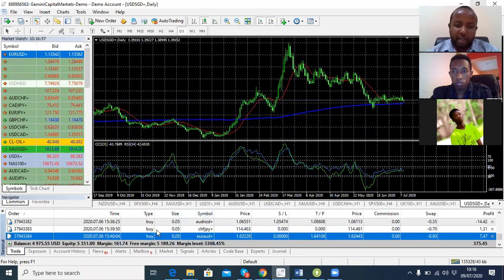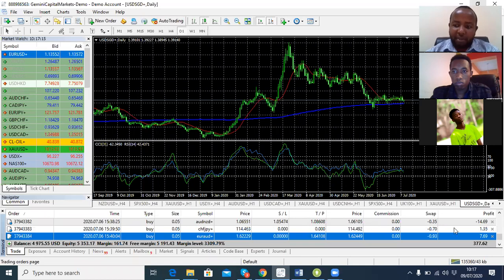But you can realize I have used a very small lot size. This is an account of roughly 5,000 USD. So you can see the size I've used is 0.05. So you can see my margin is still big. You can see my margin level is 3,000.